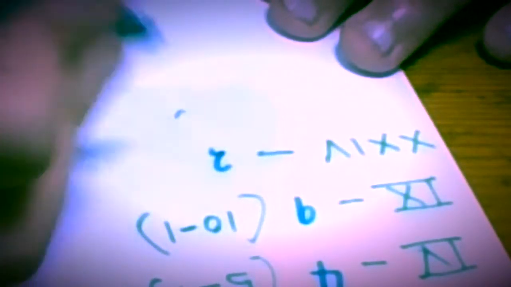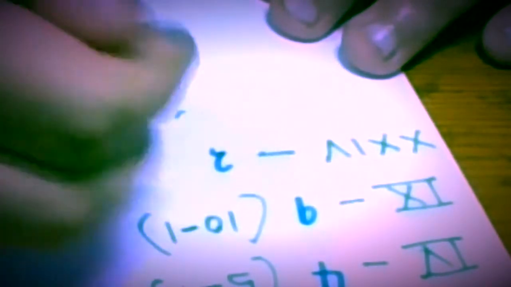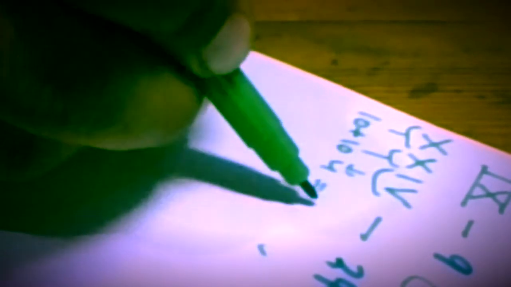So XX is 20, and IV is 4, so the answer is 24. How do we solve this? The meaning of X is 10, being added with another X, that is 10, being added with IV, and IV is 4, so it becomes 24.